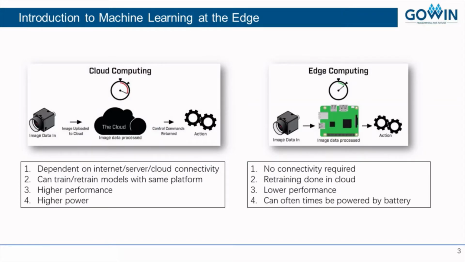So first, let's just introduce machine learning at the edge and what at the edge means. Most platforms, as machine learning has become popular and used in hardware, typically connect to the web to do the machine learning portion of the effort.